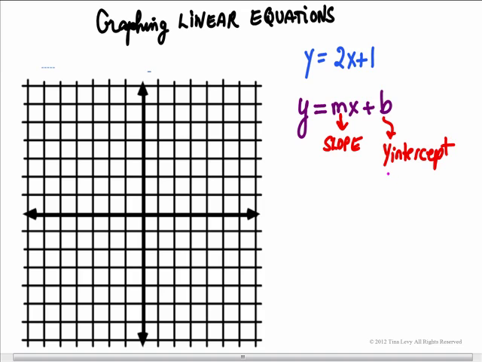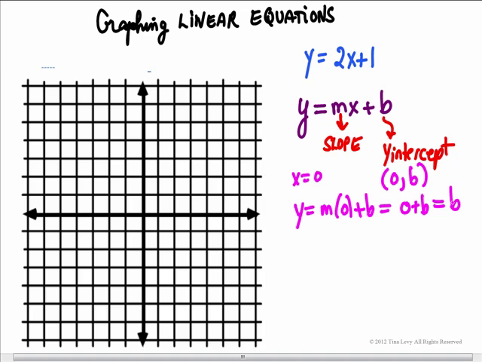It's the y-intercept because we let x be 0, and it gives us the y value. If you let x be 0, you get y equals something times 0 plus b. So it's just 0 plus b, which is b. And that's what we call the y-intercept.